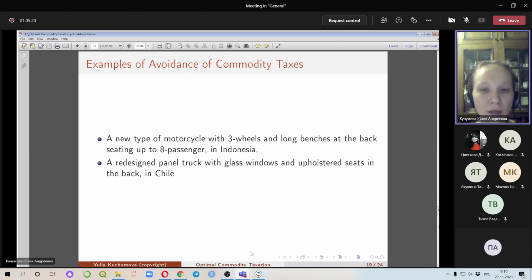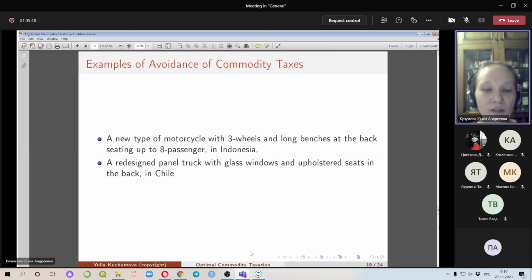In Indonesia, cars are taxed at a lower tax rate than motorcycles. And as a result of that, a new type of motorcycle with three wheels and long benches at the back sitting up to 8 passengers appeared. Right? Why? Because of tax system and because people try to avoid taxes.